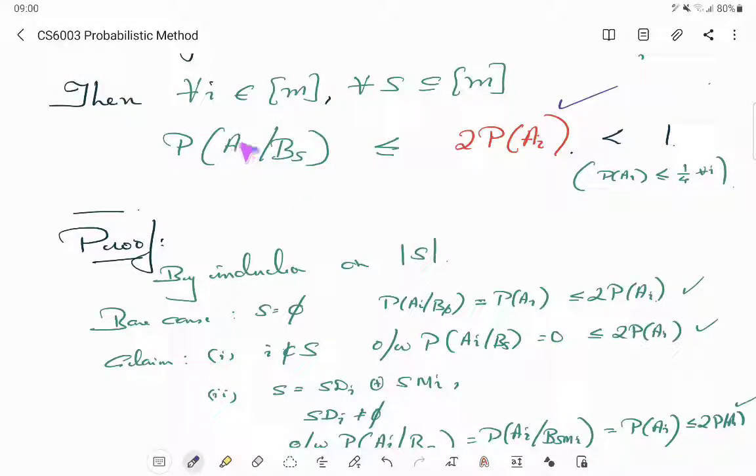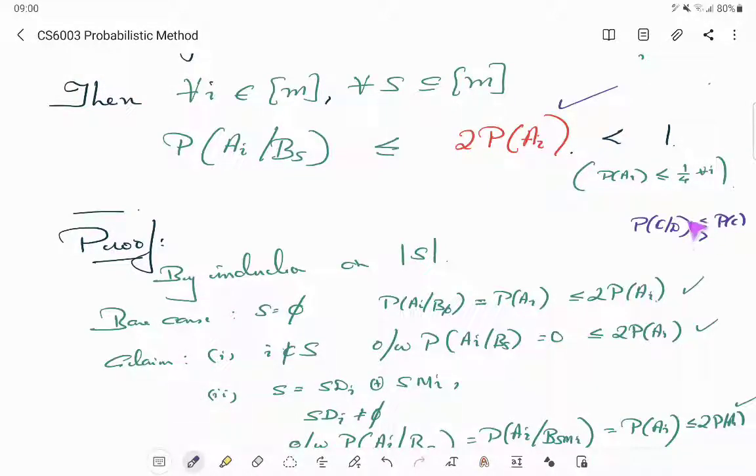So the probability that Ai will occur, in general, what is some P of C given D? How does it compare with P of C? Is it greater or less? Actually, it can be either less, equal, or greater. Okay, this is all possible.